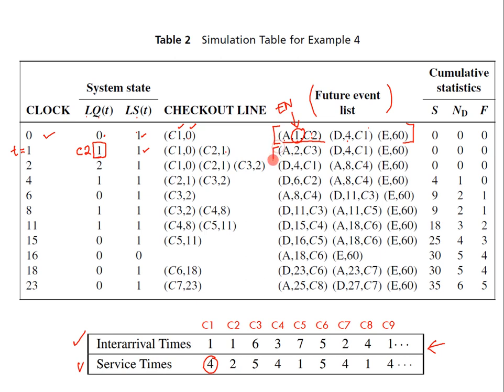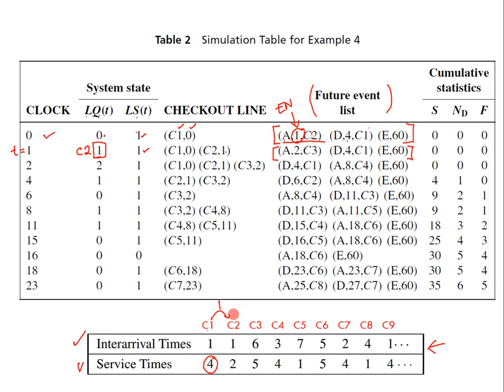Now we're going to update the future event list. What will happen next? For arrival, who will arrive next? Of course, customer 3. How do we know when customer 3 will arrive? It's based on this inter-arrival time here. Number 1 means the inter-arrival time between customer 1 and customer 2 is 1 minute.